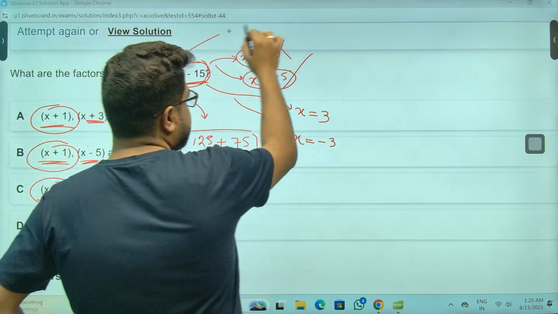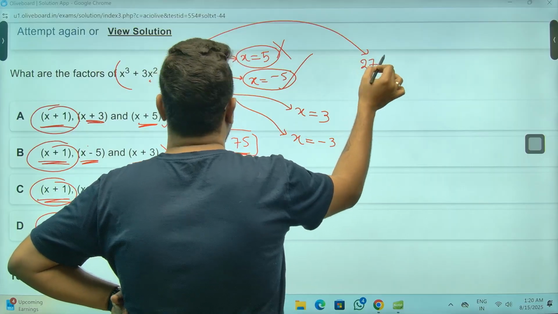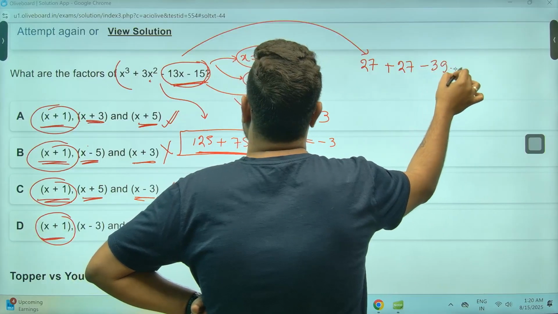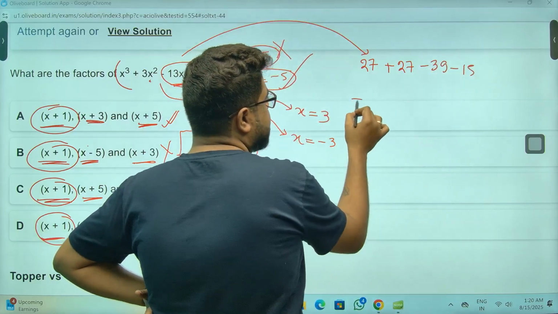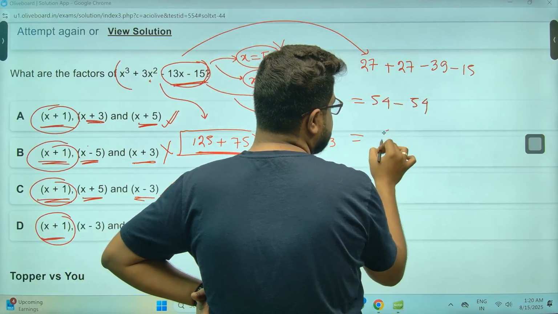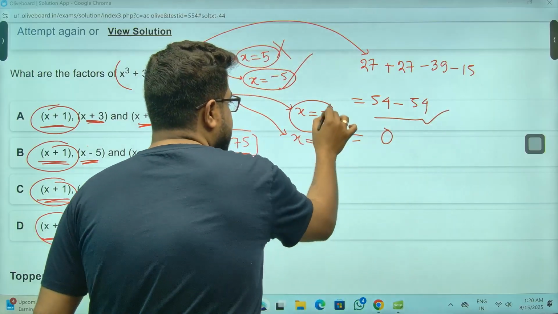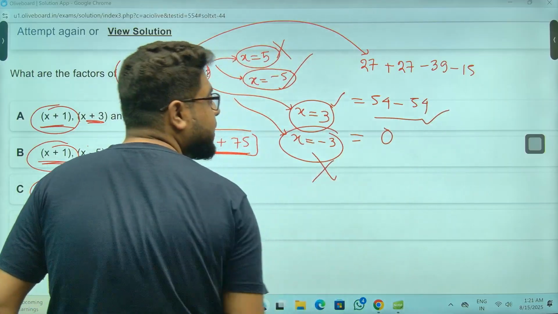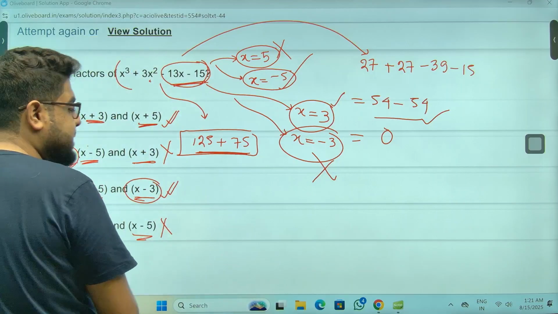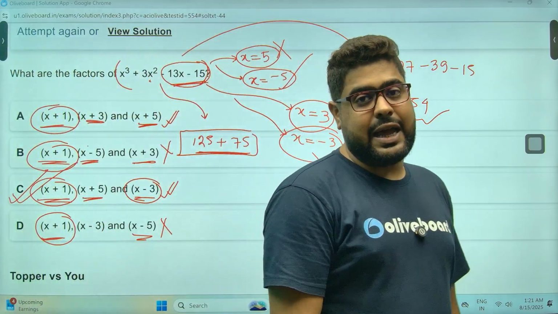Put 3 here, sir. 3 cube is 27 plus it is also 27 minus 39 minus 15. So this is 54 and this is also 54. Sir, this is 0. That means plus 3 is correct. Minus 3 is not correct. So plus 3 means I'll take minus 3. So here my correct answer is option C.